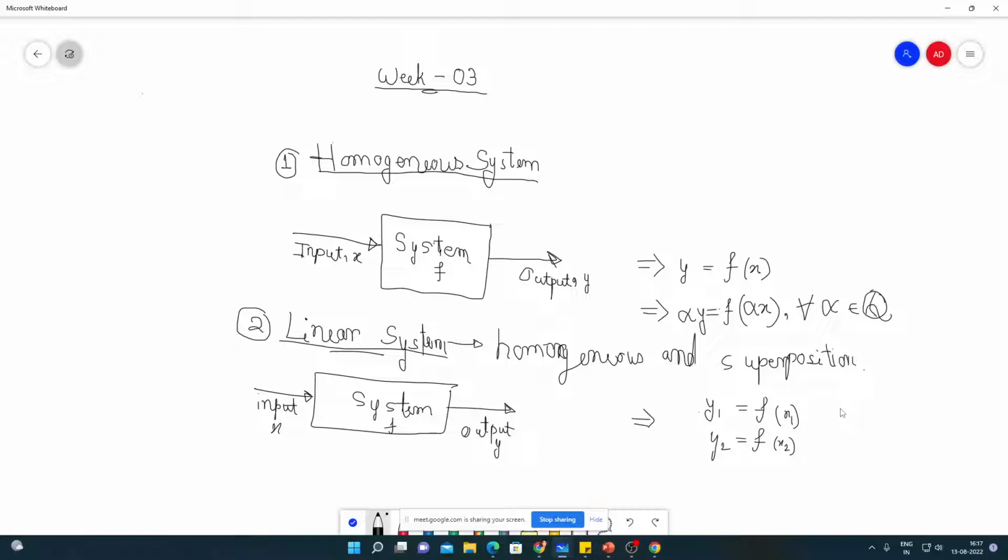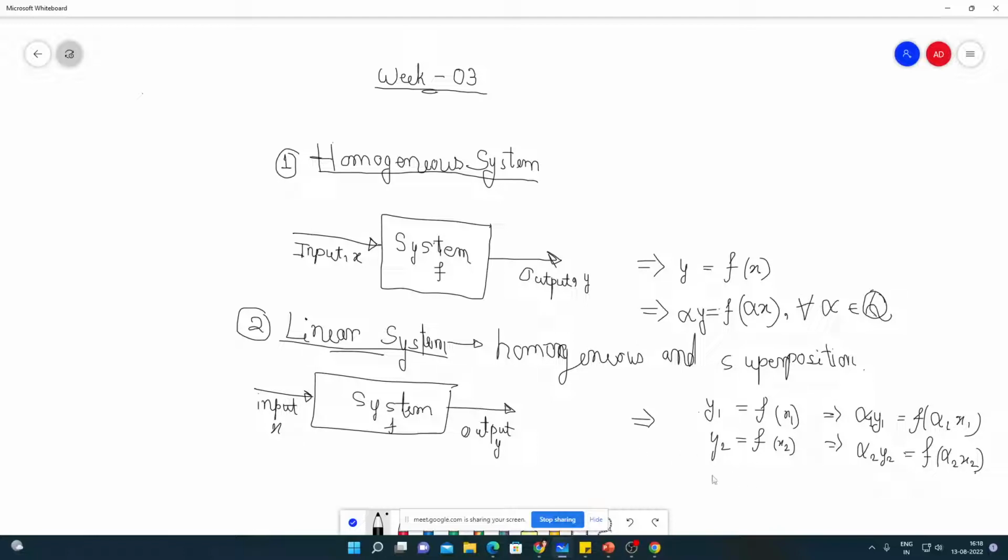We could say that alpha 1 y1 will be the output for the input alpha 1 x1, and alpha 2 y2 will be the output for the input alpha 2 x2.